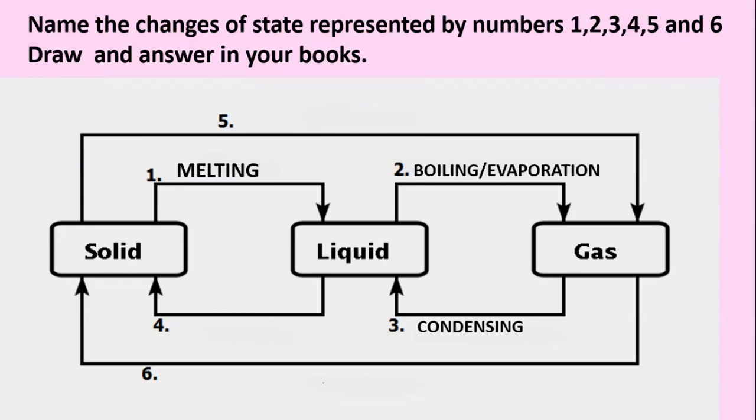Freezing. Number 4 we are saying could be freezing. Very good. We are left with number 5 and 6. Anna Chirabo, admit yourself. Teacher, number 5 is sublimation. Very good. Number 5 is sublimation.